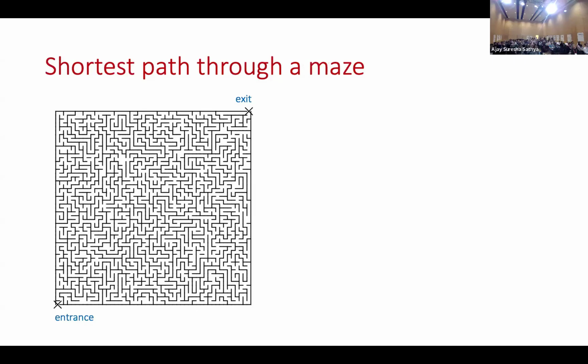To show off the effectiveness of this motion planning tool, we thought, okay, what is the most non-convex motion planning problem that we can come up with? Let's traverse a maze with a path of minimum Euclidean length.